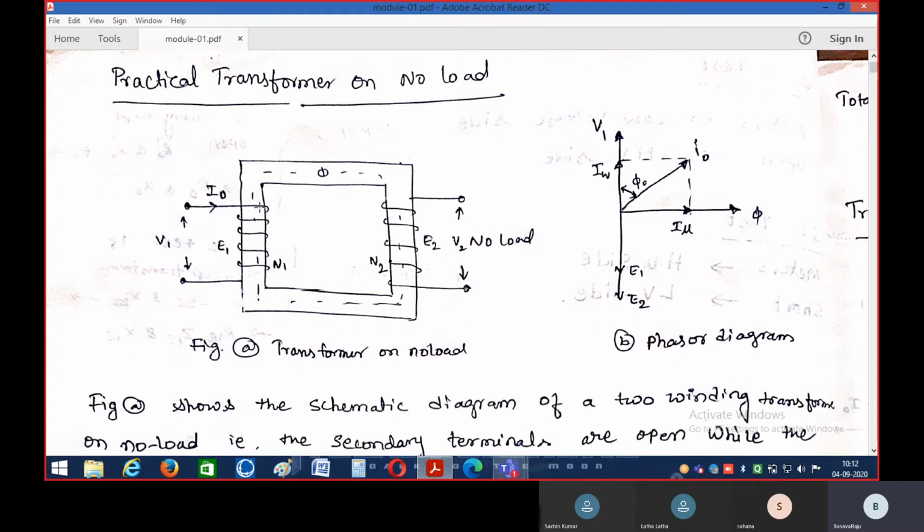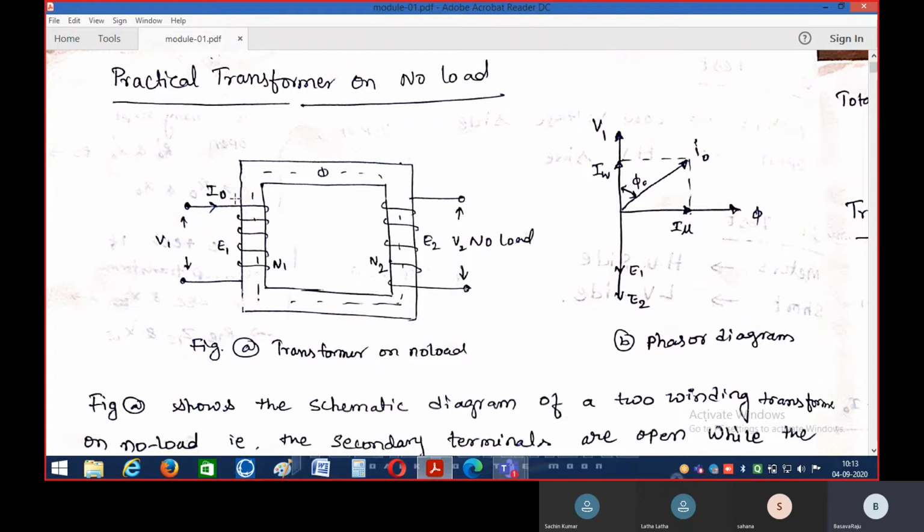This is the current carried in the primary winding during the no load condition, and that is why we call it the no load primary current. Okay. So this current is denoted with I naught. The primary winding is connected with the supply voltage of V1, which causes the current I naught to flow through the primary winding of the transformer.